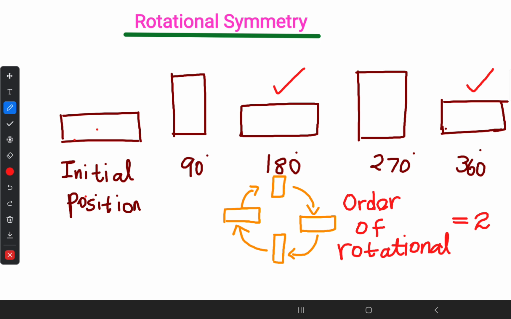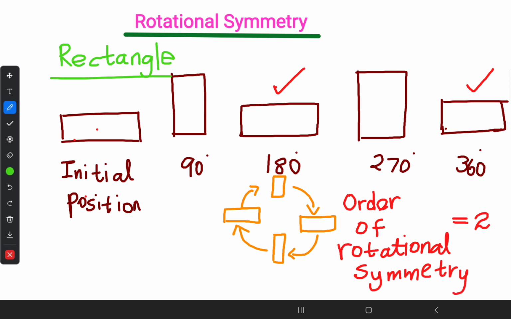So rotate it again and again. Finally, after rotation of 360 degrees, we can achieve 2 times the initial position-like shapes. So that's called the order of rotational symmetry of this rectangle. It should be equal to 2. This is for a rectangle.